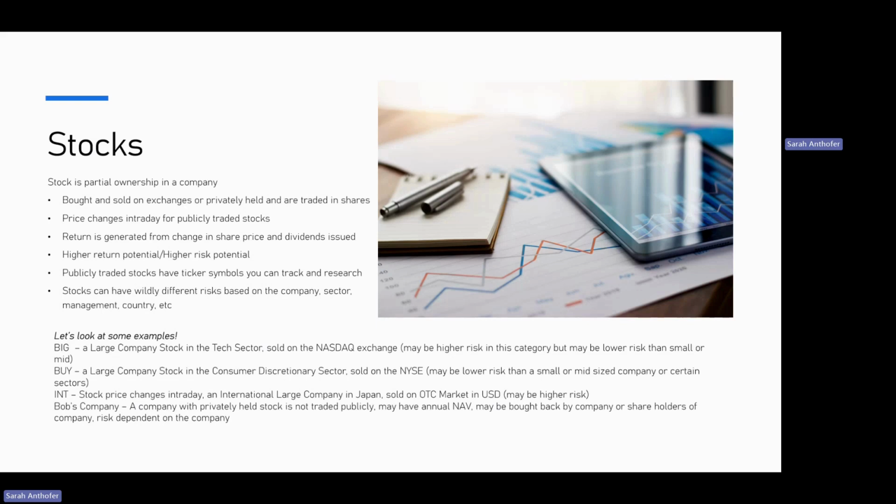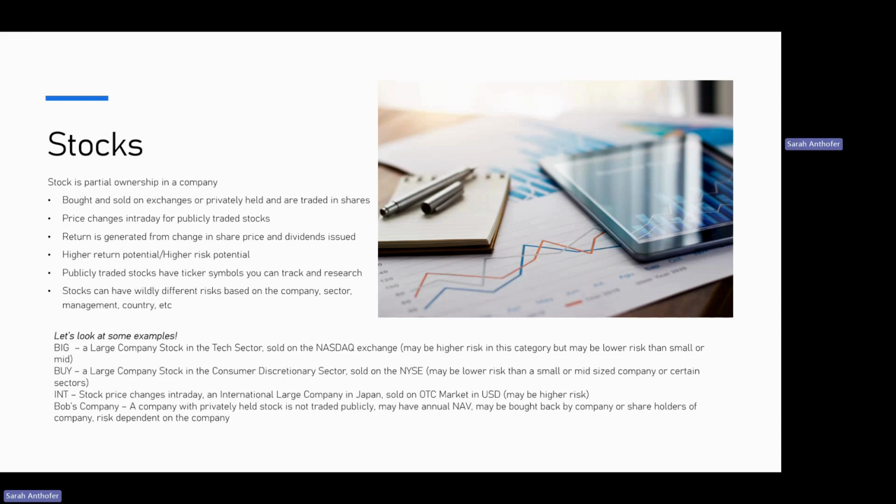You could pull them up on your phone or go to Yahoo Finance. There are all kinds of different places you can go. You can enter the ticker symbol, and you can see what exchange it's going to be sold on. You can see information about the company, its profit and loss margin, anything about it, because these are publicly traded companies. So they have to provide information about themselves publicly for you to research.